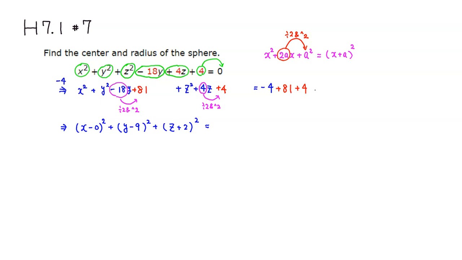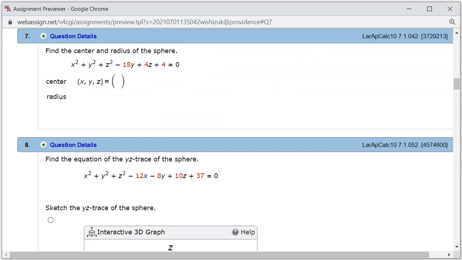On the right hand side, the negative 4 and positive 4 cancel out, and you have 81. 81 is 9 squared, so maybe I'll write 9 squared so that you can see the radius more easily. Therefore, we know the center. I'm going to call it x0, y0, z0.